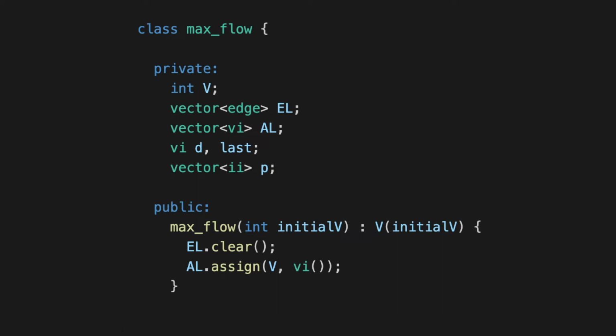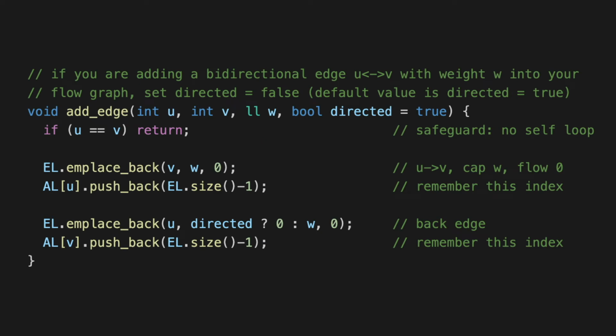Let's look at the first helper function that we have, which is called add edge. By default we are working with a directed graph, so we are going to assume that when you are adding the edge u comma v, you really mean the edge from u to v. However, we do have a parameter at the end called directed. It's a boolean value which you can set to false to indicate that you actually want to add an undirected edge.